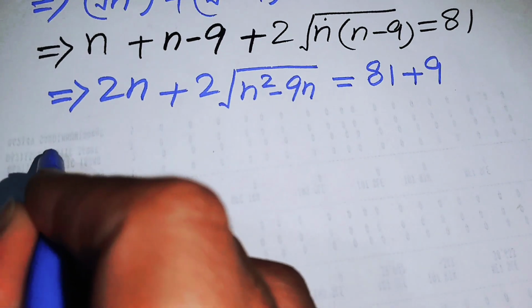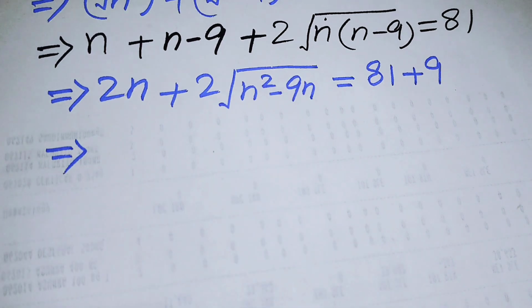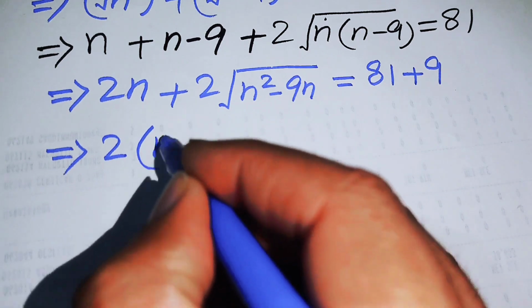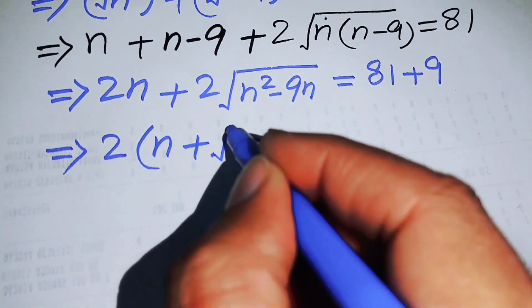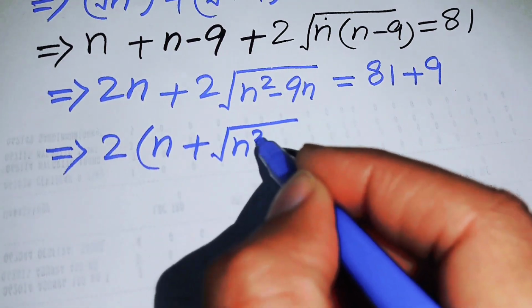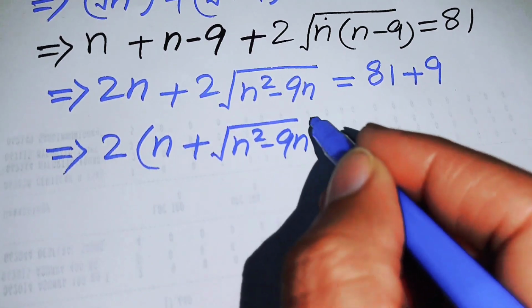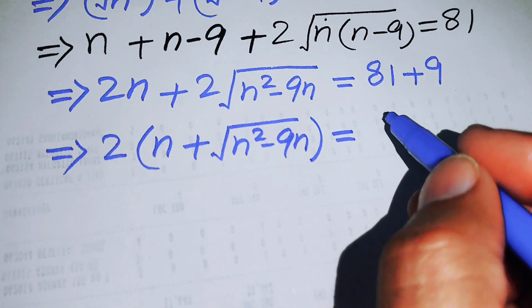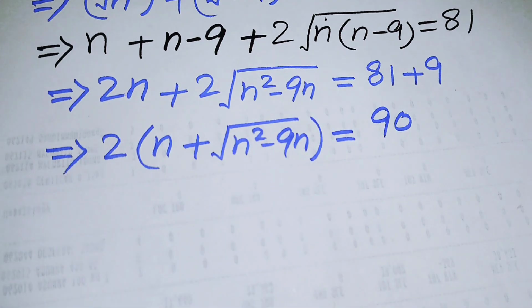And now we again make a little bit of simplification. Here you take common 2 on the left hand side and you get n plus square root of n square minus 9n, and it equals 81 plus 9 equals 90.